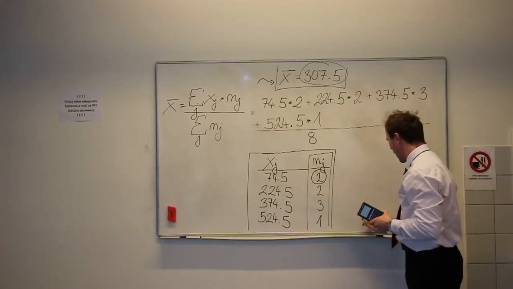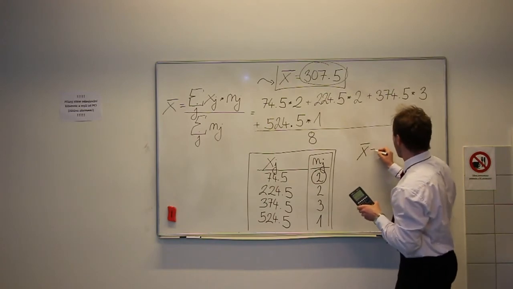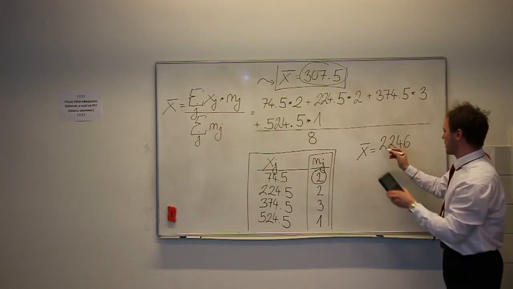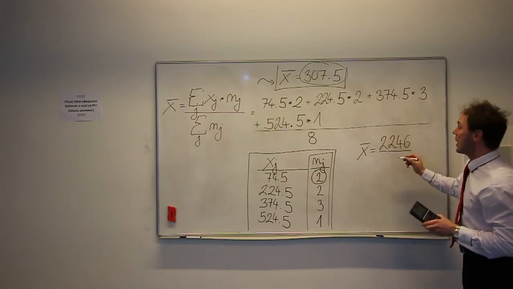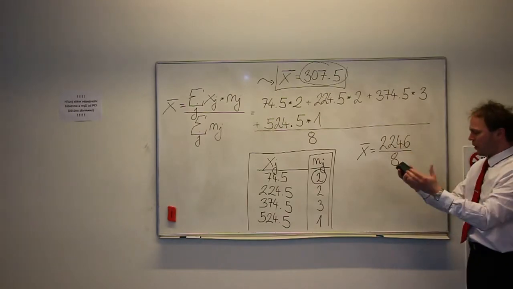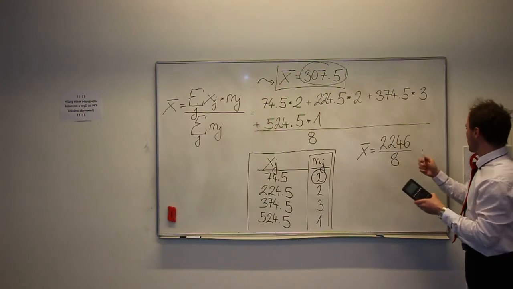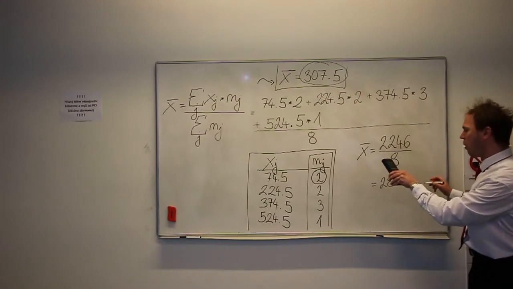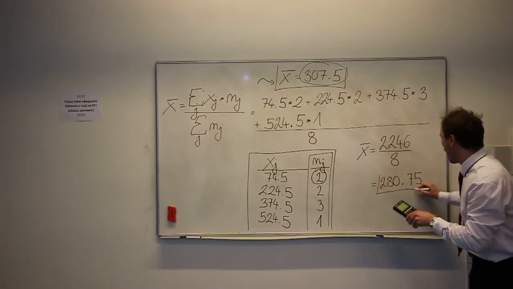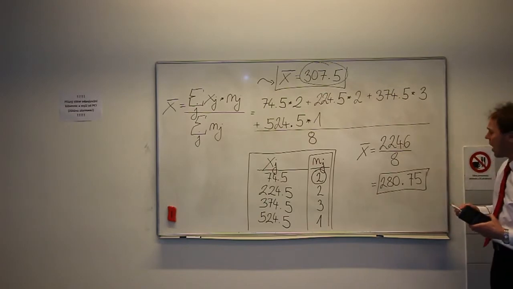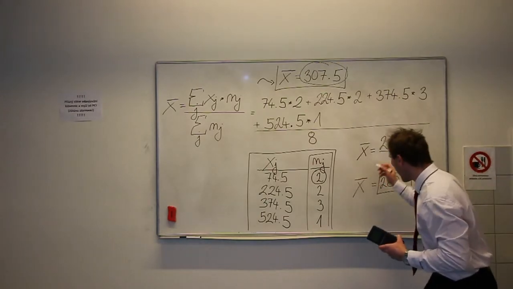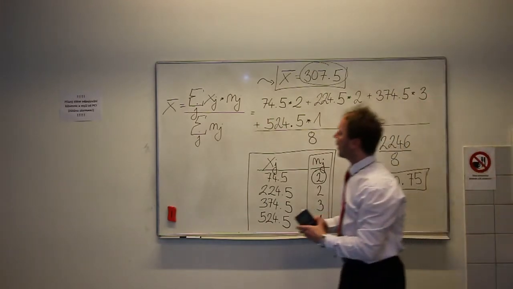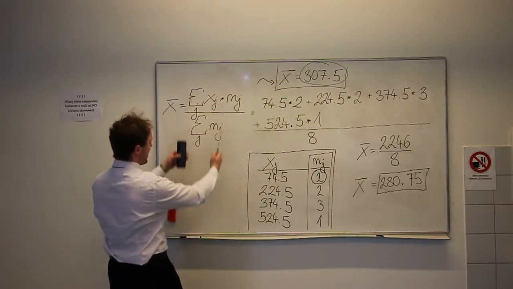And you have the nominator, so x with stripe is equal to 2246, yes? This is the nominator, and the denominator is 8. So we will divide this by 8 and the result is 280.75, yes? This is the weighted version of the arithmetical mean. And now, we don't have the data here, yes?